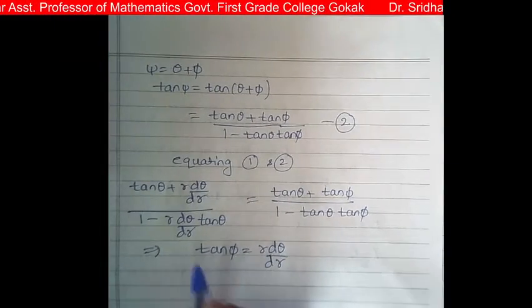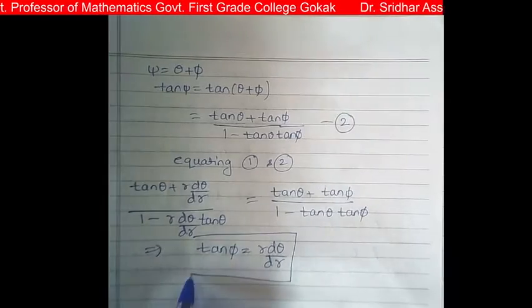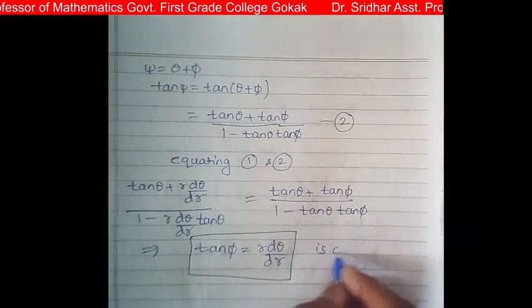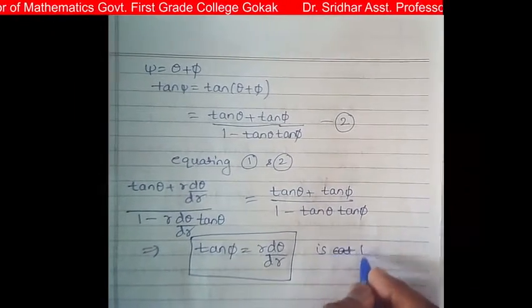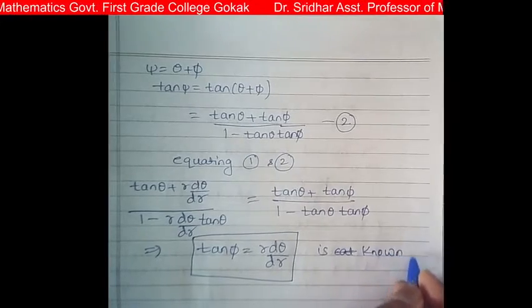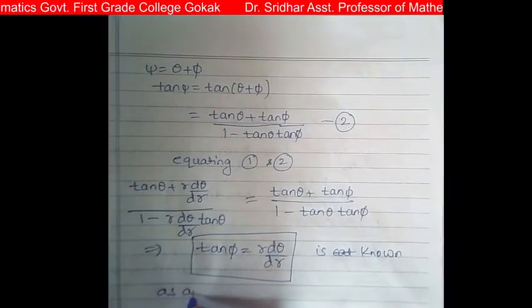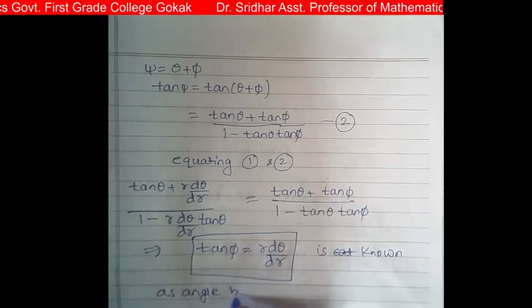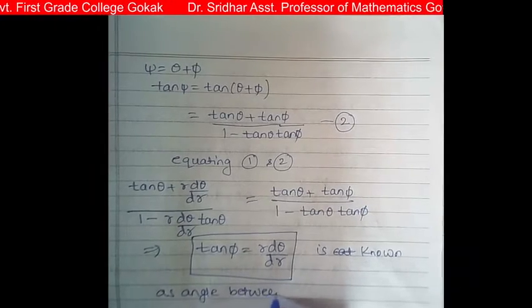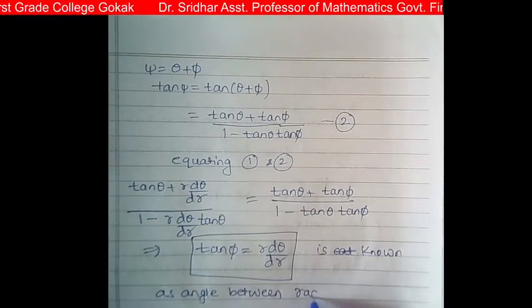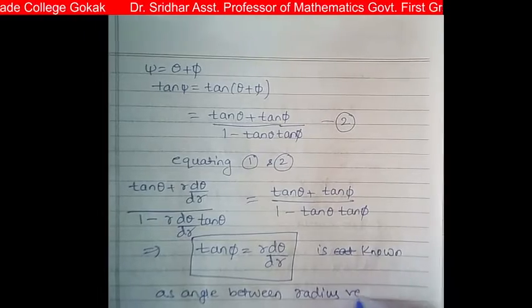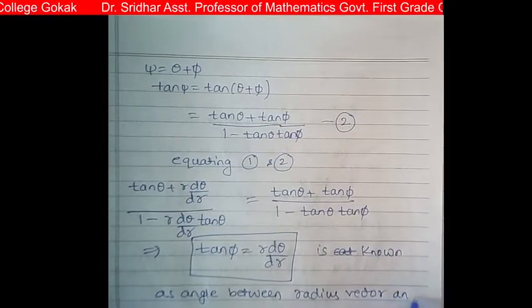This is known as the angle between the radius vector and the tangent.